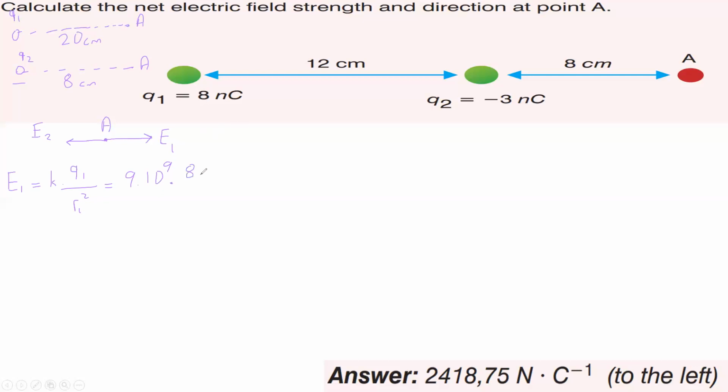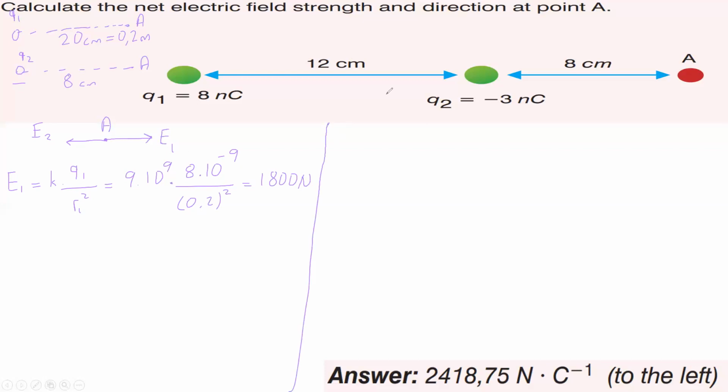We know, we converted already, 8 times 10 to the power of -9. And then the distance is 20 centimeters. You know 20 centimeters is equal to 0.2 meters. Divided by 0.2 meters squared. So you are just calculating like that. And what is our E1? When you calculate, you are getting 1,800 newtons. This is our E1. I hope it's okay.